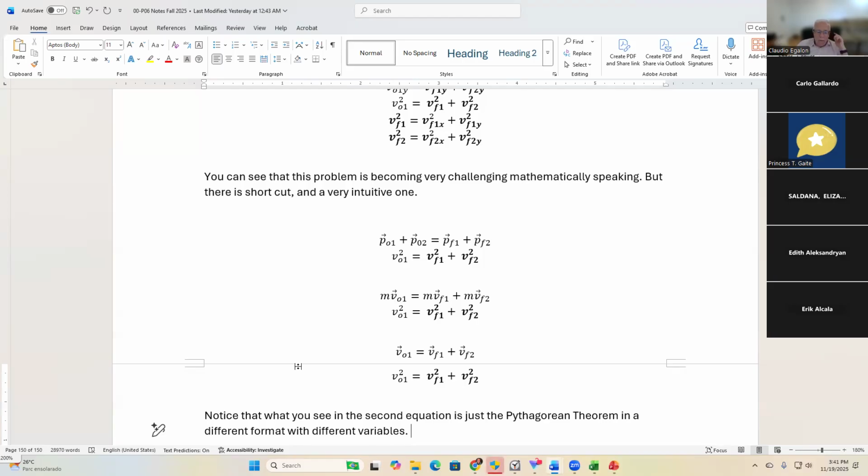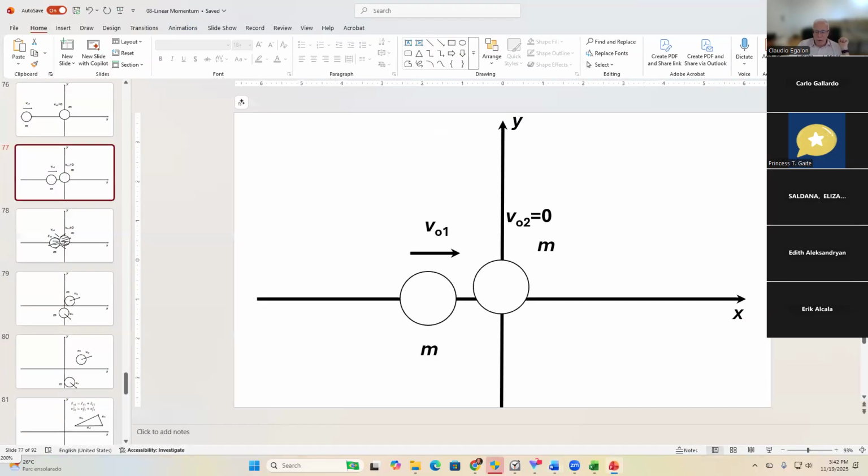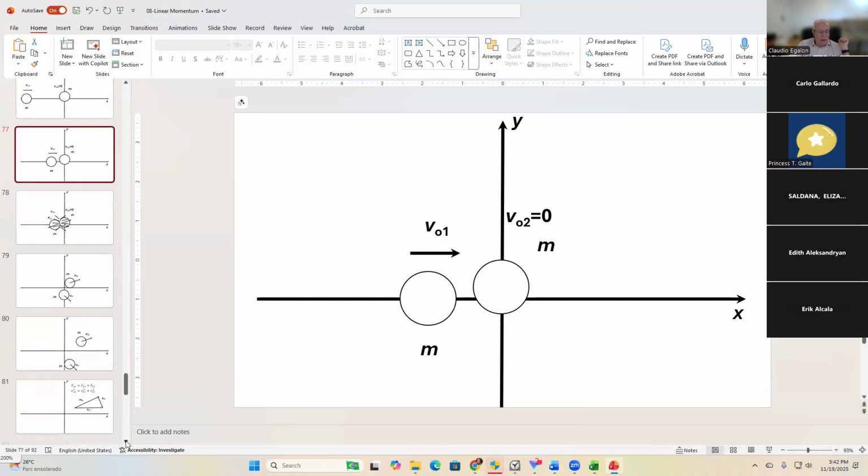Furthermore, what you see right in here is like a triangle, right? This side of the triangle is equal to this side of the triangle plus another side of the same triangle. Can you picture that? Right? So I'm going to show you right in here.